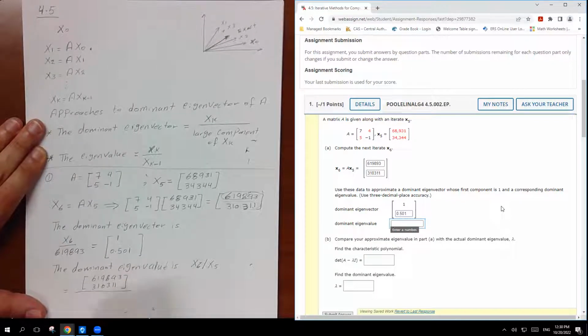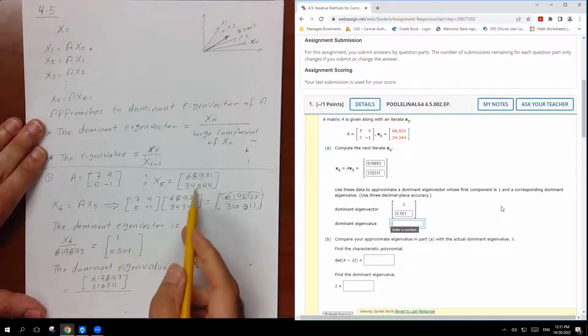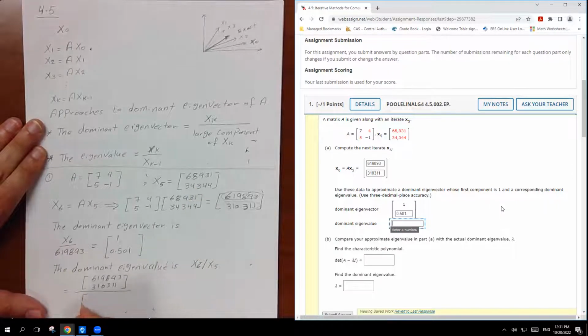Everything is going to be divided by x5, which is 68931, and the second is 34344.